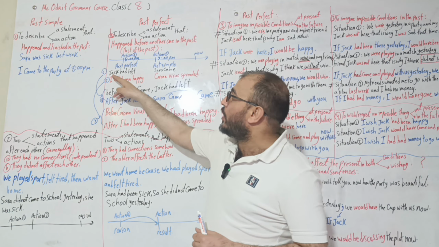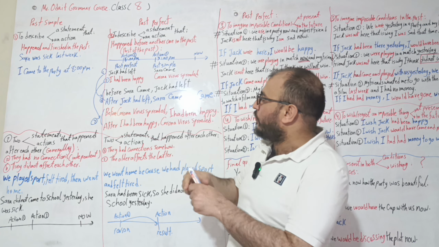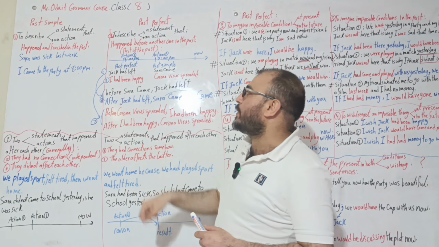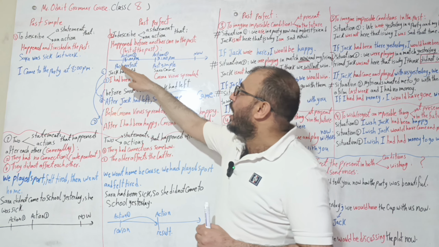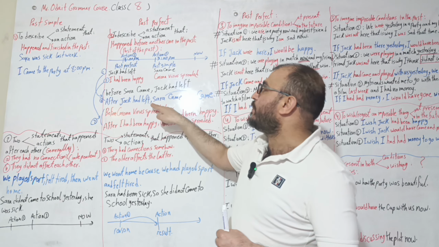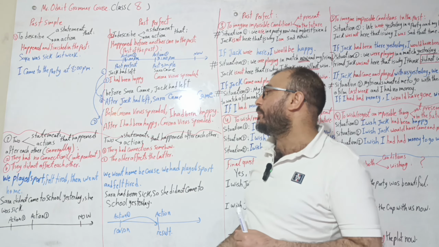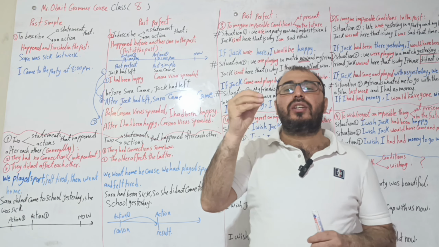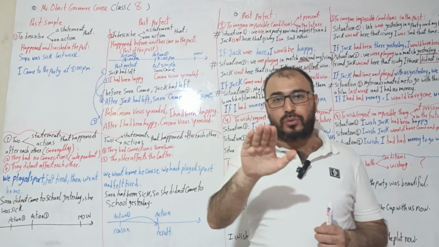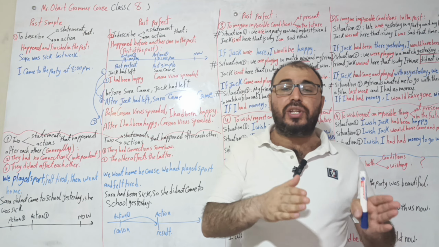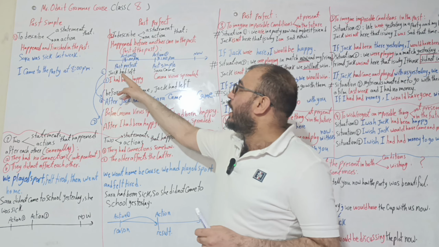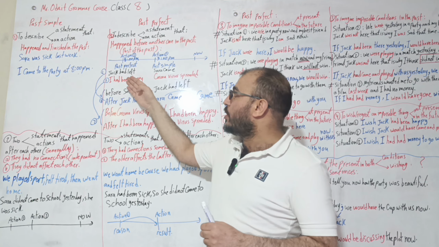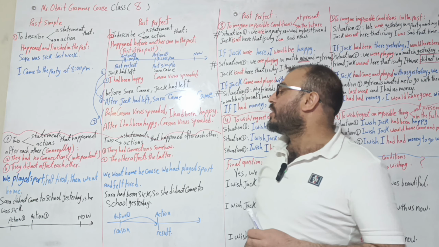So I say before Sarah came at 9 p.m., Jack had left at 8 p.m. Or we can say after Jack had left at 8 p.m., Sarah came at 9 p.m. Generally, if I don't mention the hours, using the past perfect is enough to tell the reader or the listener that Jack had left before Sarah came. So Jack's action happened before Sarah's one.